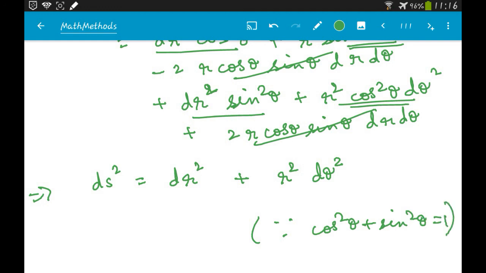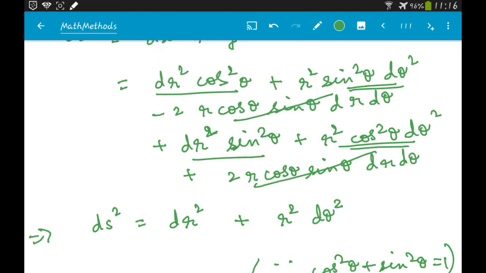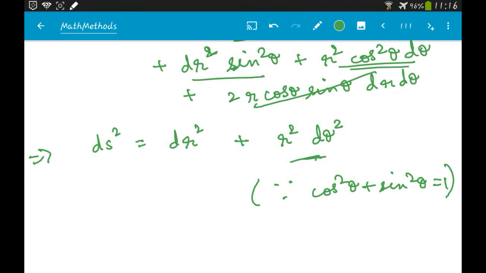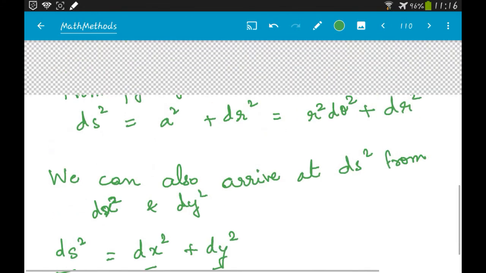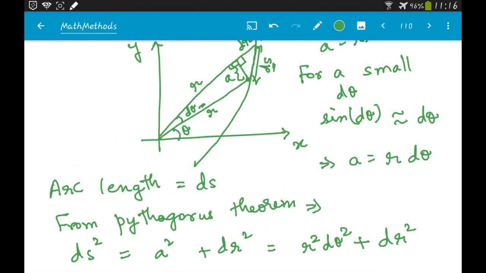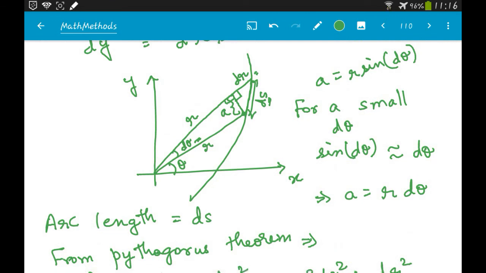So dr square is common, so we get dr square plus r square d theta square. Okay, this is the same as what we got in the previous one, right. We got the same thing here, and we did this just based on the figure, which is this figure.